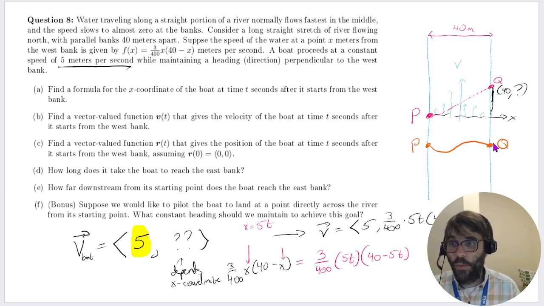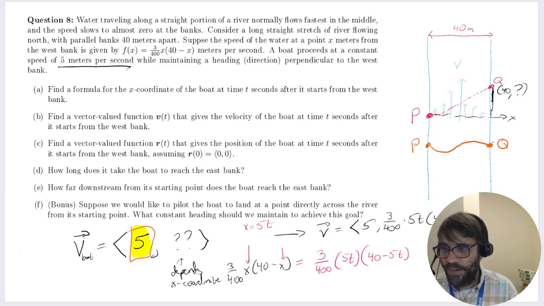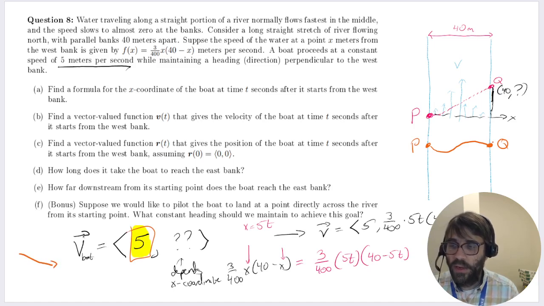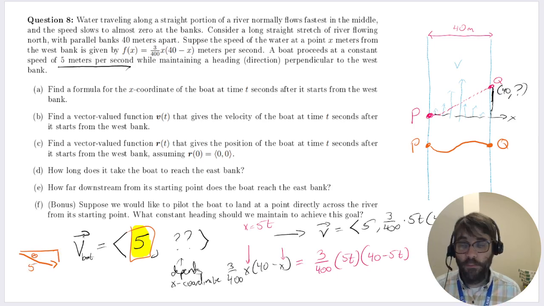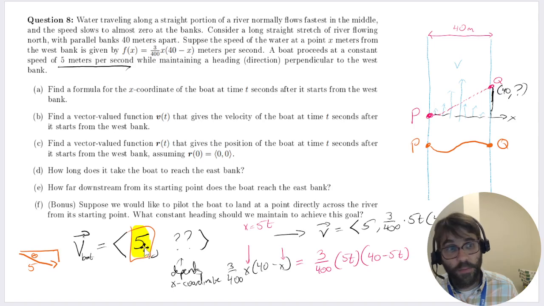But how do you actually work this out? Well, the main thing is you're just going to change this 5. Instead of this 5, you're going to work out, by putting a theta, you're going to break down that 5 into 2 components. How much is horizontally going across the river? That you replace the 5 with. How much vertically is sort of fighting against the current?